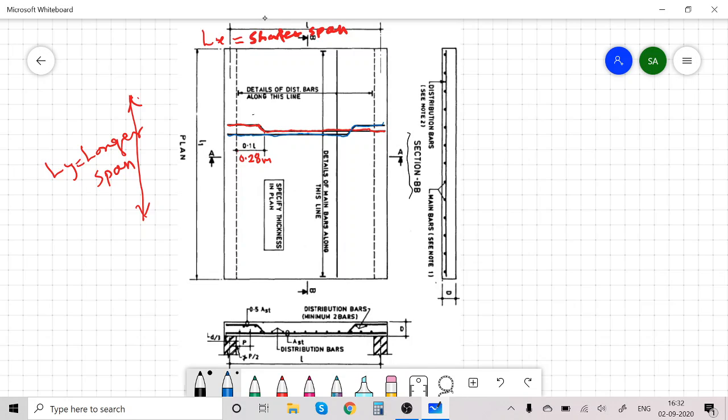In our problem, this main steel, show on the drawing the spacing, main steel 10 mm Tor at 200 mm center to center like this.